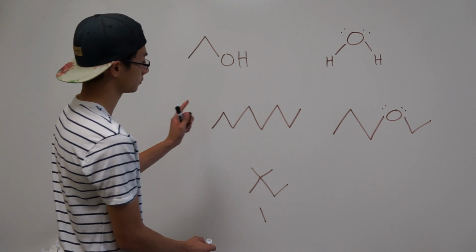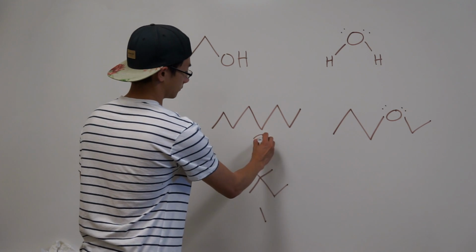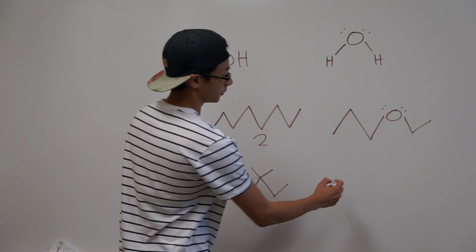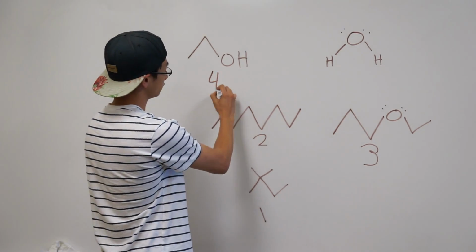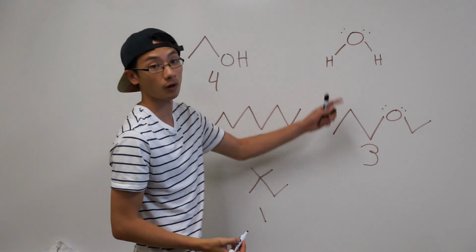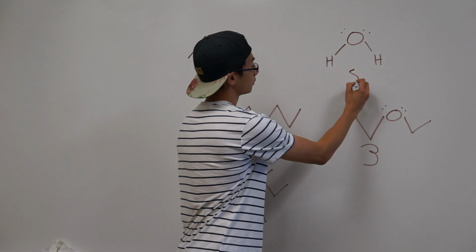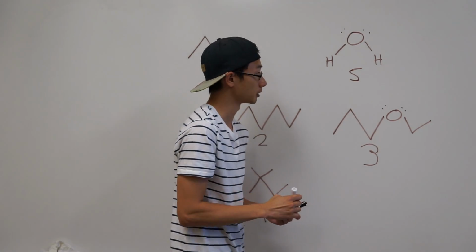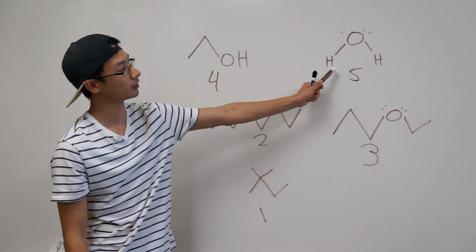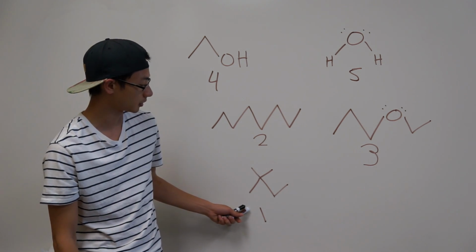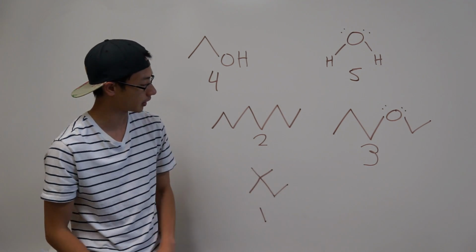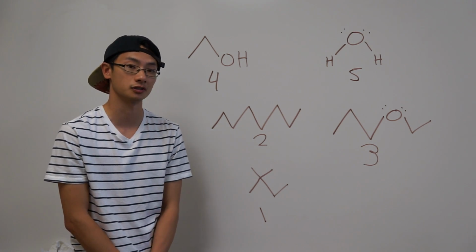Next would be this one. Then it would be here. And then ethanol. And then water, as you may have guessed, would have the highest boiling point because of the hydrogen bonds compared to this molecule, which is nonpolar and only has London dispersion forces.